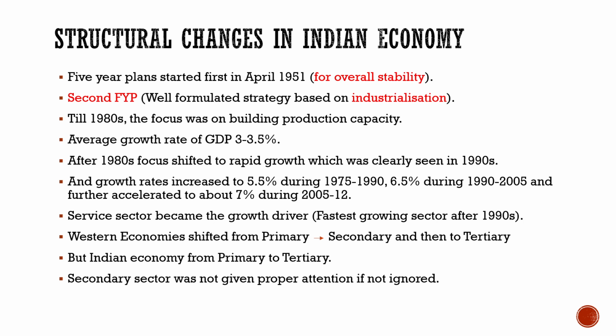Because of this model, with privatization, with globalization, and opening our economy to the world economy, the growth rate increased to 5.5% on average during 1975 to 1990. It was further increased to 6.5% during 1990 to 2005, and further accelerated to about 7% during 2005-12.